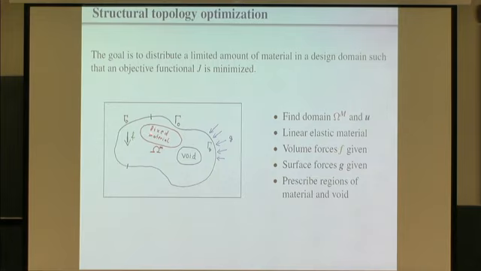Here we've got gamma D, our homogeneous Dirichlet boundary conditions, where we're going to fix part of the domain. Where our surface forces are given, we've got the non-homogeneous Neumann boundary gamma G, and then homogeneous Neumann boundary conditions hold on gamma 0.